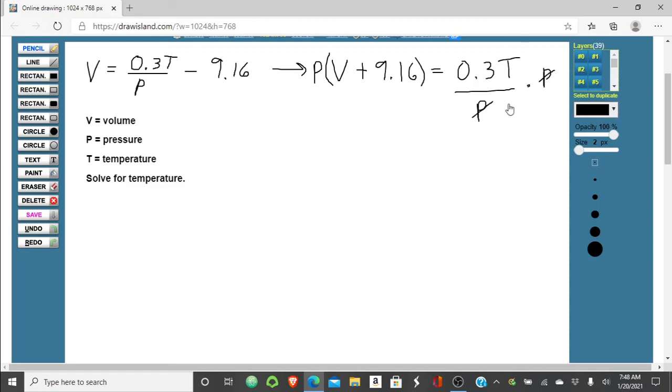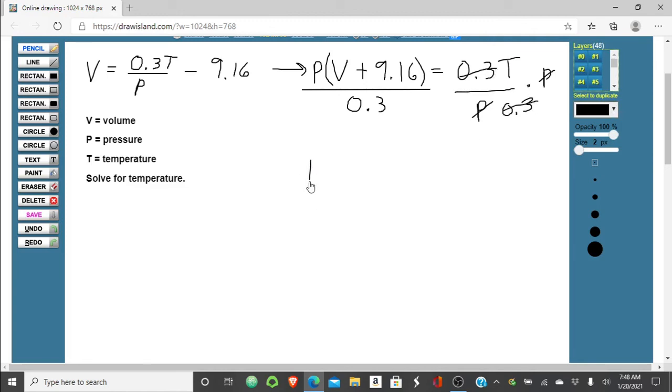Finally, I have to divide both sides by 0.3. And on this side, these will cancel.